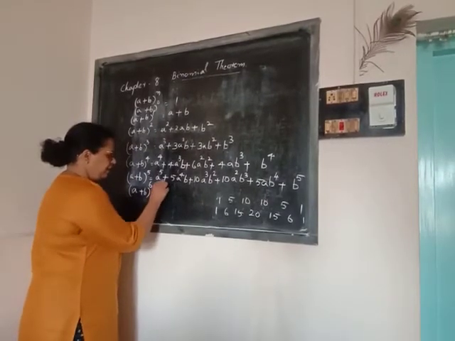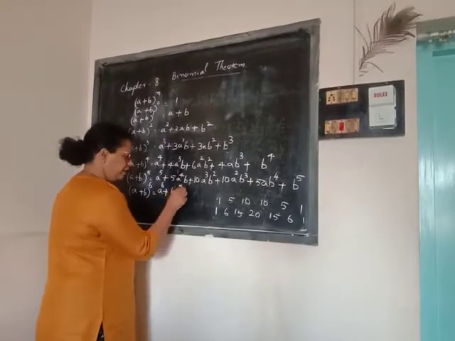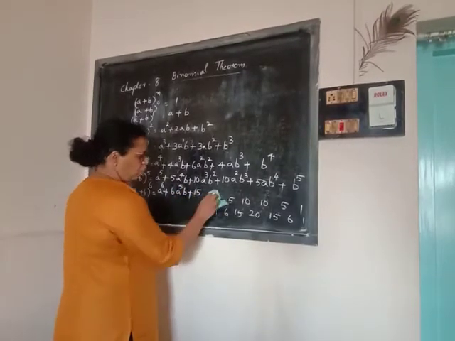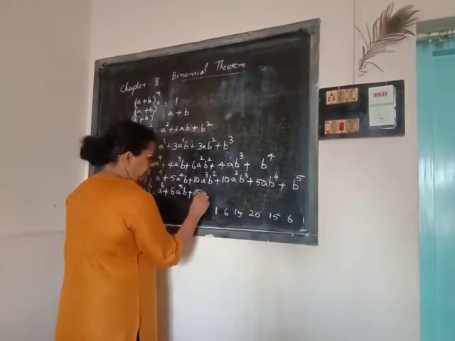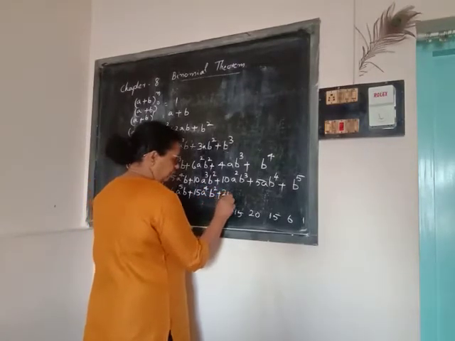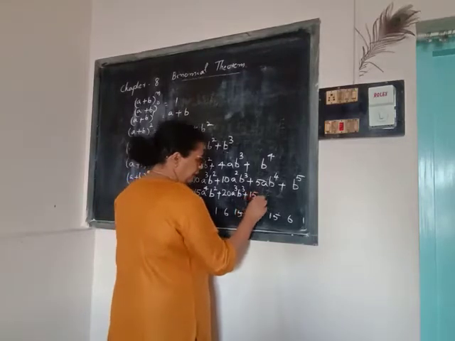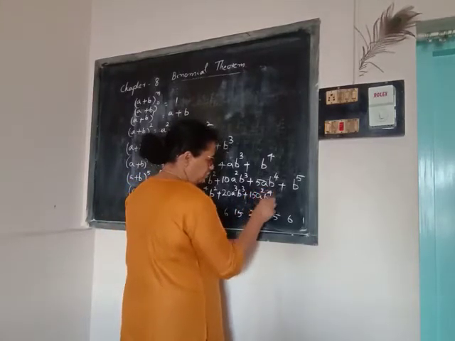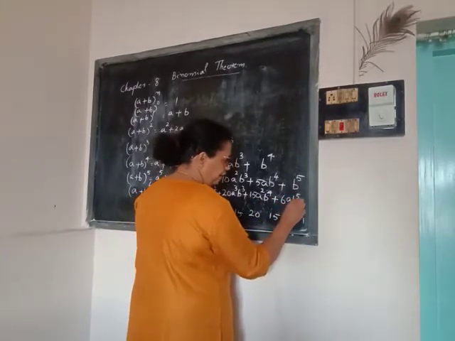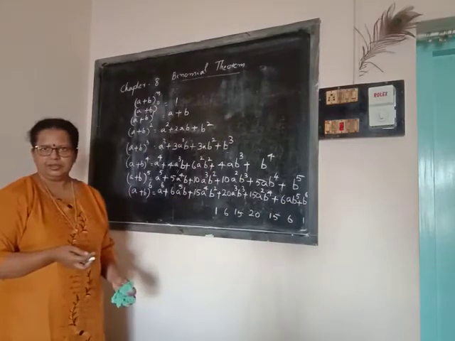So, first term is A raised to 6 plus 6 A raised to 5, then plus 15 A again power 1 less, B power 1 more, plus 20 A cube B cube plus 15 A squared B raised to 4 plus 6 A B raised to 5 plus B raised to 6. You got the answer? Good.